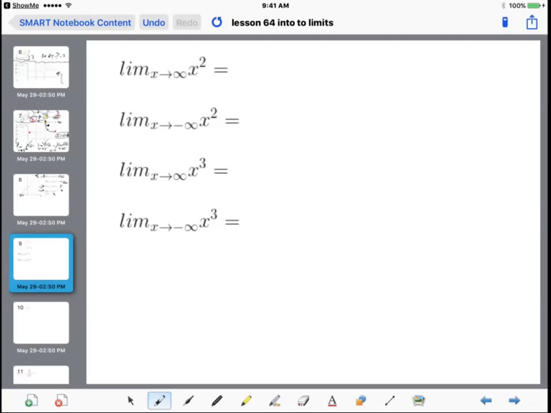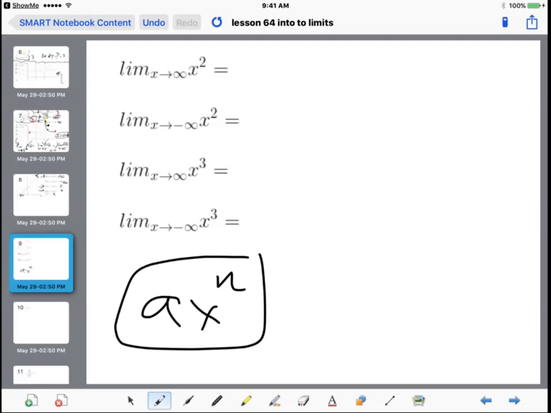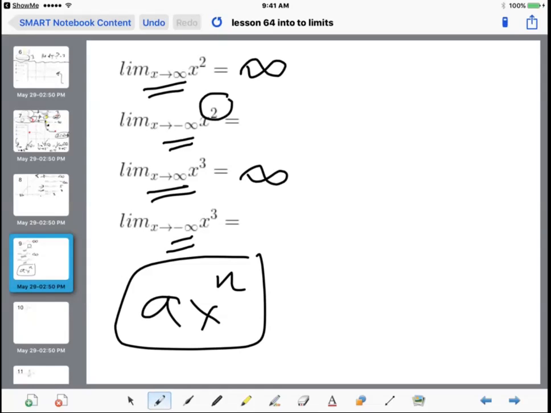So when you have a polynomial, something of the form ax to the n power, start with that, simplest type, and x is going to infinity, that's going to be infinity. But if it's going to negative infinity and the exponent is even, it's going to be infinity here. But if this is negative and the exponent's odd, it's going to be negative infinity.